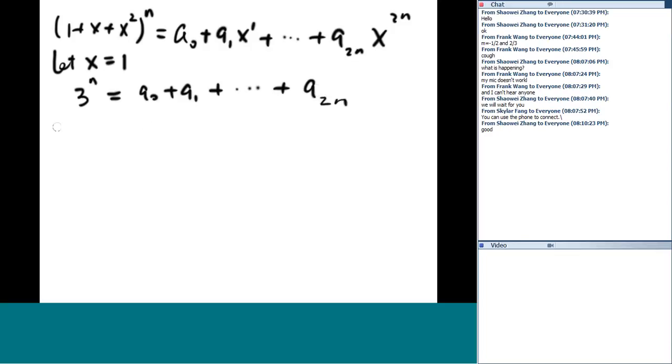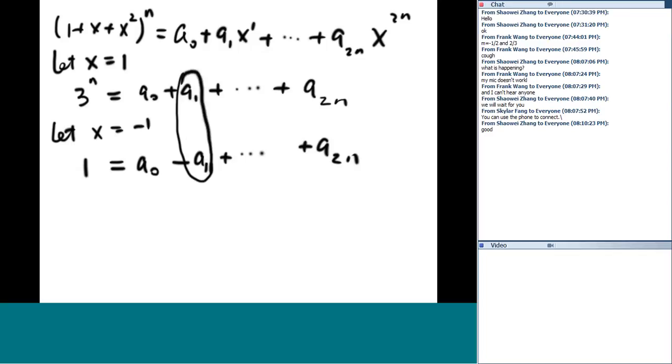Then you let x equal minus 1. Then you get 1 equals a0 - a1 + a2 - and so on, and the last one is a_2n. When you add those two together, all the odd terms disappear.